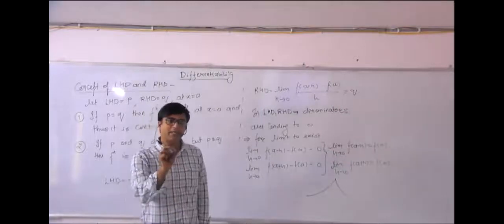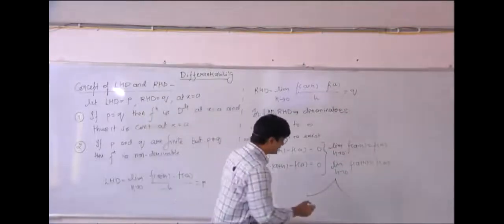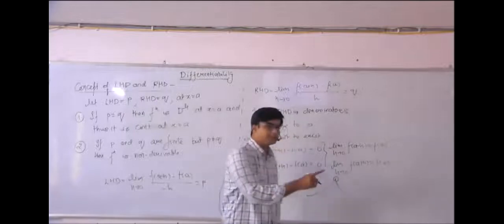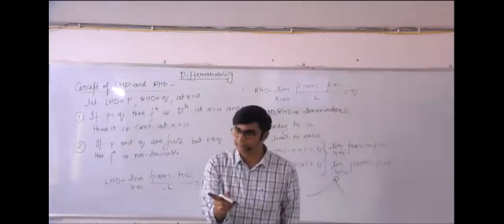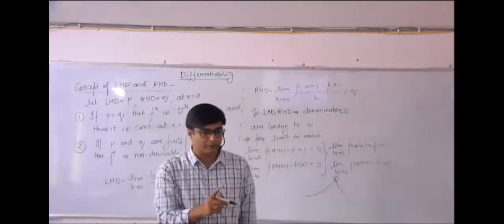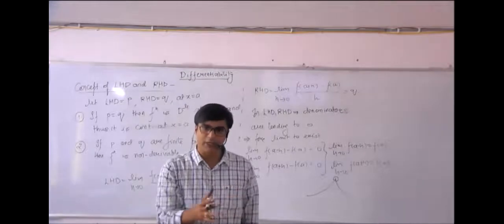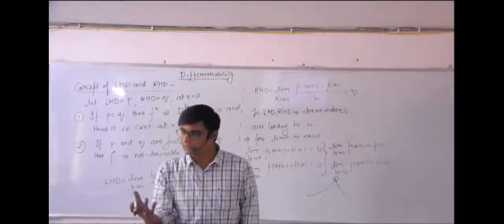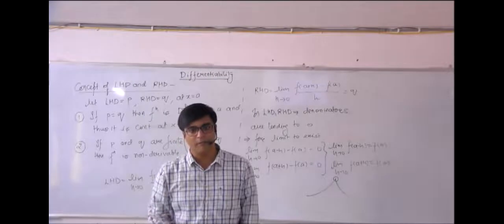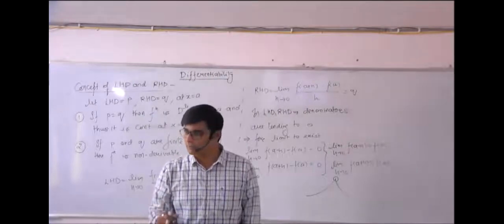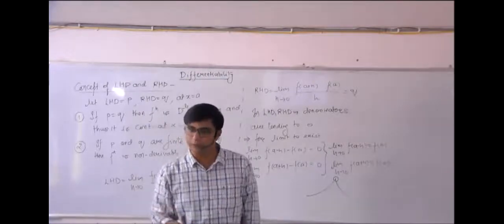Whenever we get an edge peak, something like this, this function will be continuous, but it is not differentiable. If you try to find left hand derivative, it will come out to be a finite value. Right hand derivative also finite value. But both are not equal.